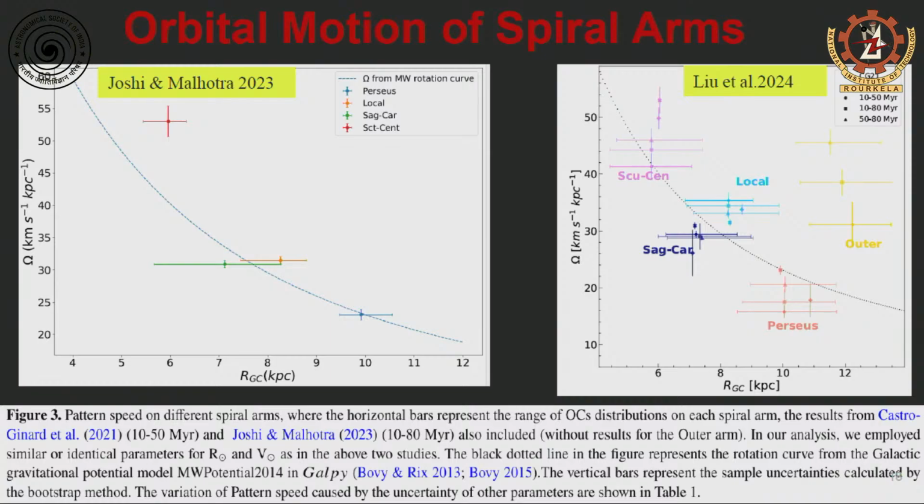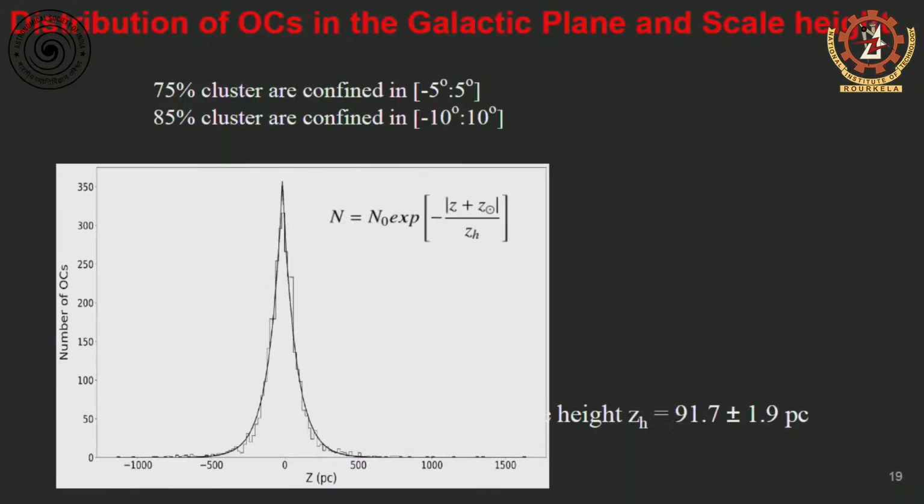Normally in density wave theory we assume that all have the same rotational speed, but from the cluster sample it is found that they have different speeds, and it was further confirmed by the recent study by Liu et al. They also found a similar distribution where the rotational speed of the spiral arms around the galactic center is decreasing. So different spiral arms have different speeds. Basically this tells about the transient nature of the star clusters.